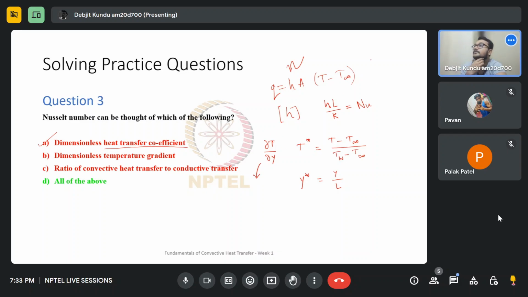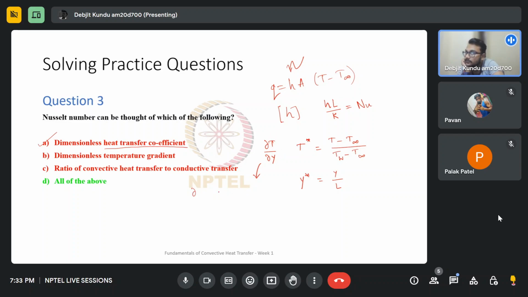So in heat transfer, we can write Q equal to kA into let's say dou T dou y. In this case, if we non-dimensionalize this, we will do it directly.